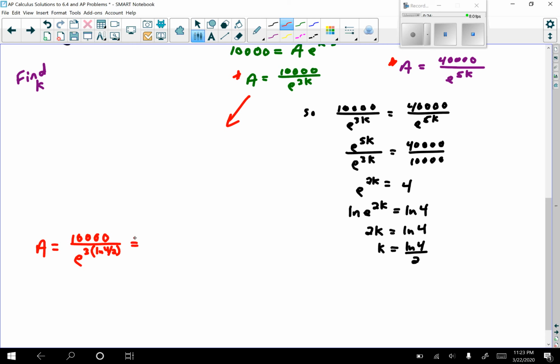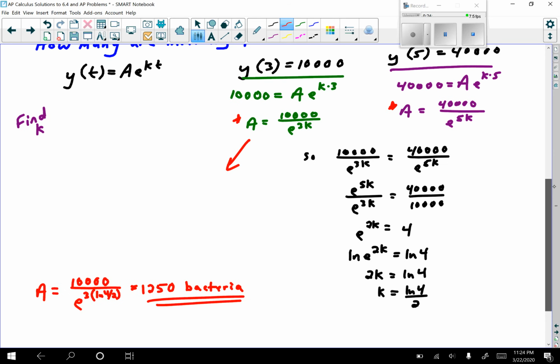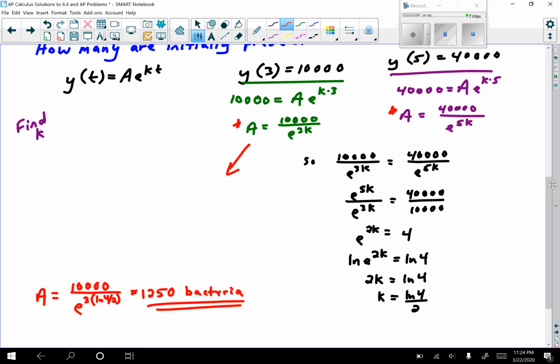And then this gives me, not approximately, but exactly 1,250. So that's the initial amount. So 1,250 bacteria initially present. The tricky part with that one was just knowing how to get started and how to use that.